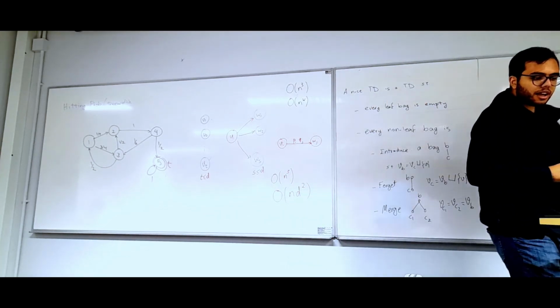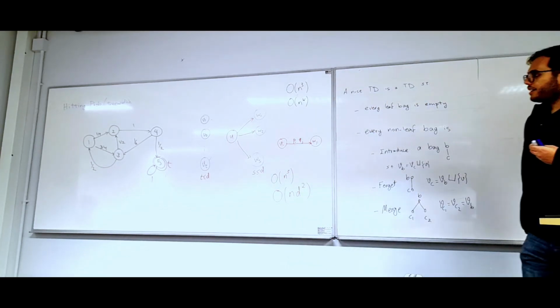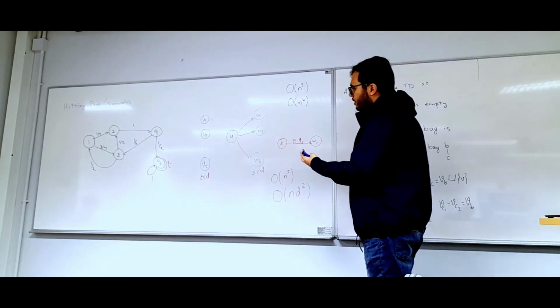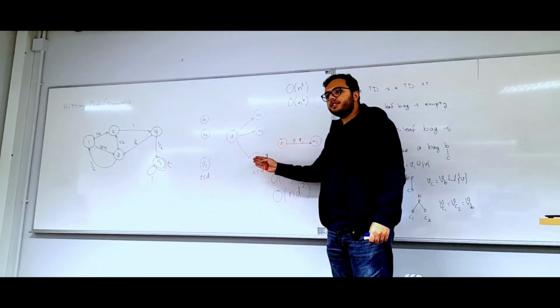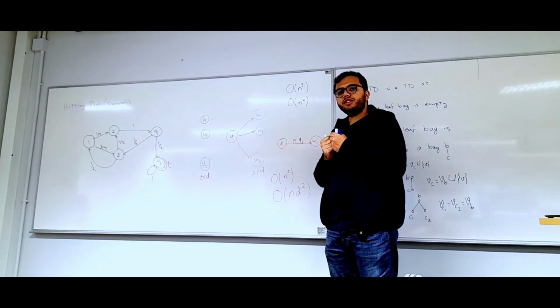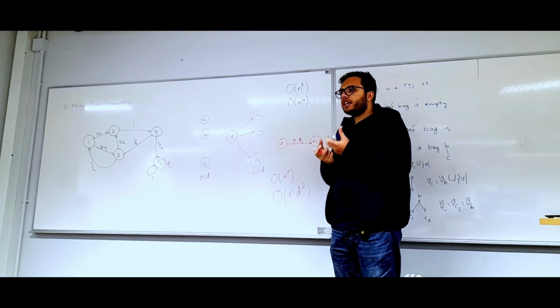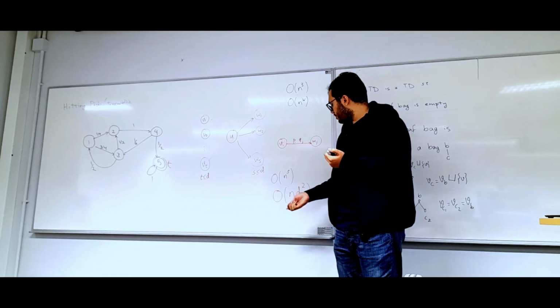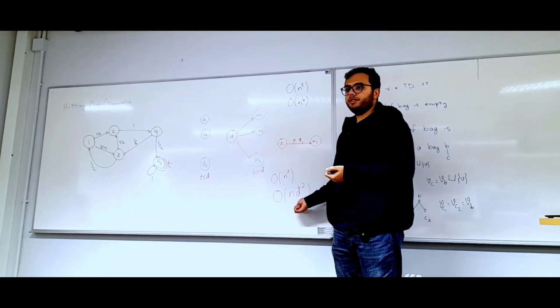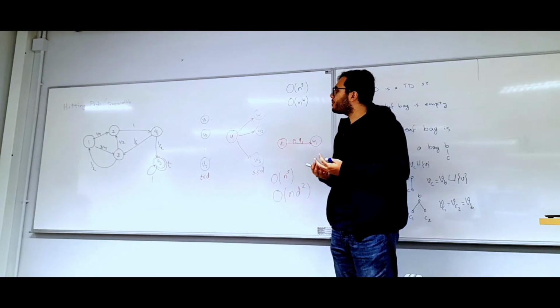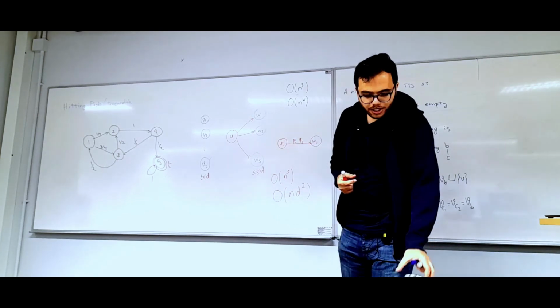So if only I could find some ordering for the removal of vertices, so that whenever I'm removing a vertex, the degree of that vertex is small, then I could have a linear time algorithm instead of a cubic time. And this ordering is what I'm going to get from my tree decomposition now.